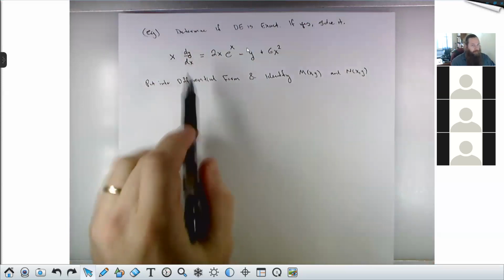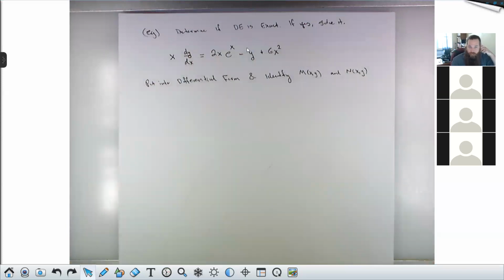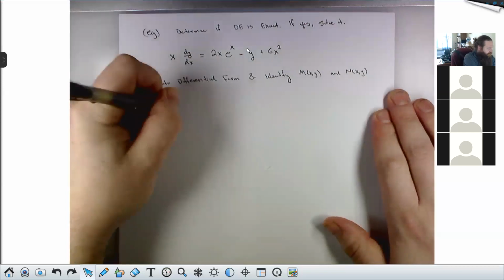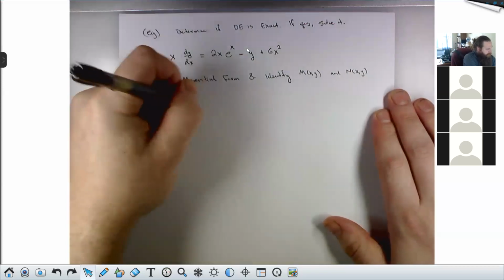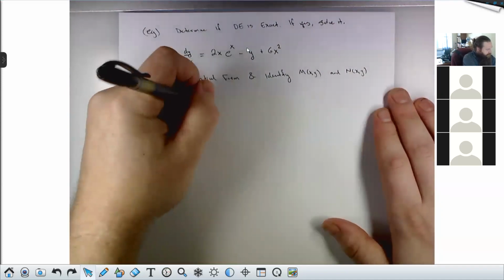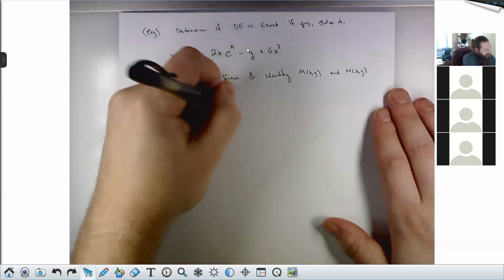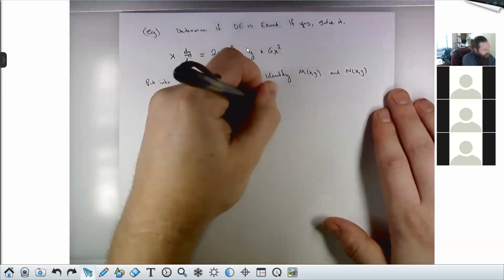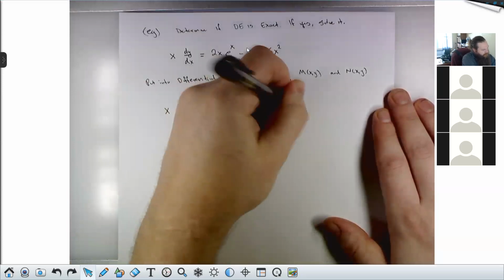In order to do that, we're going to multiply both sides by dx. So I'll get x dy equals 2x e to the x minus y plus 6x squared dy.